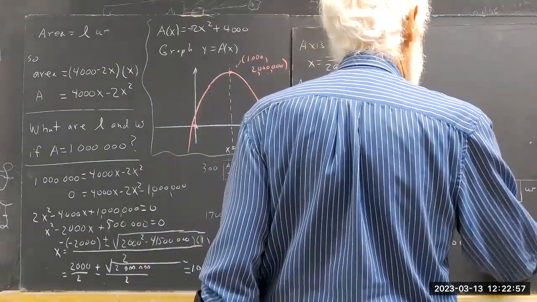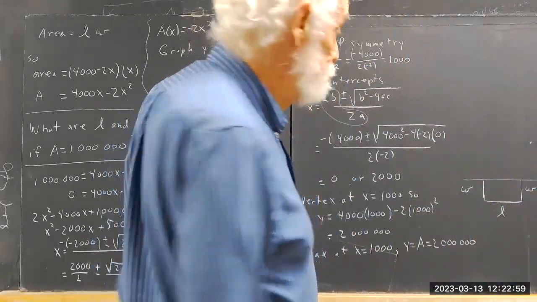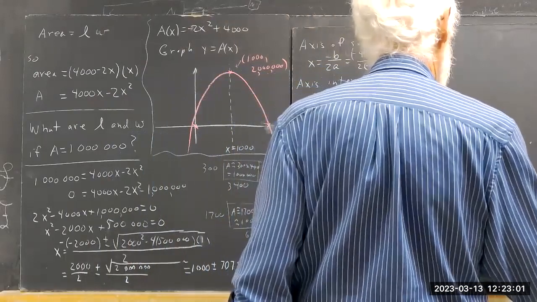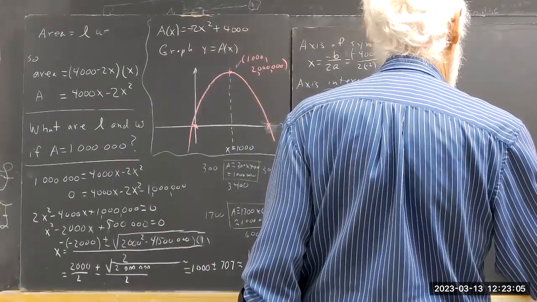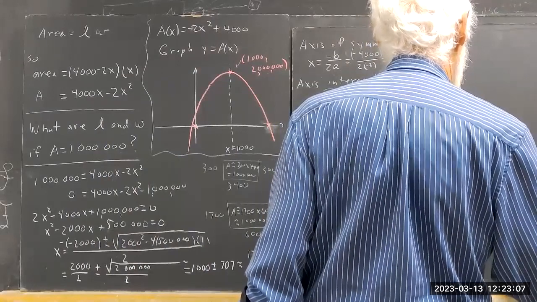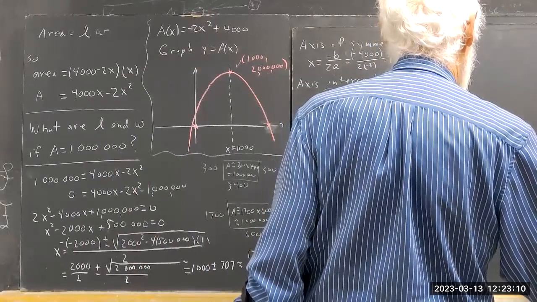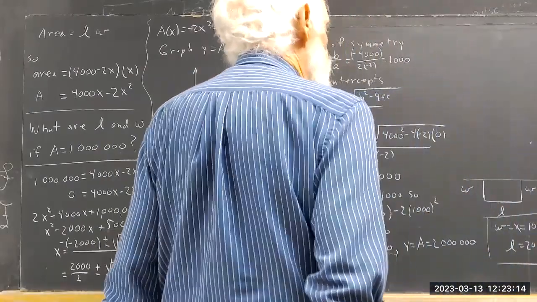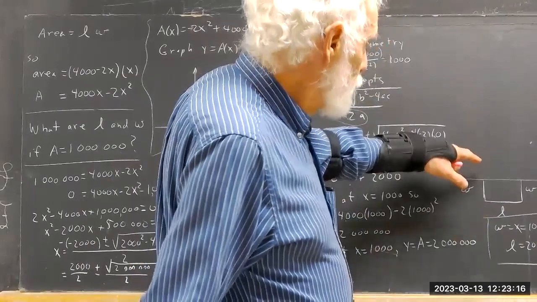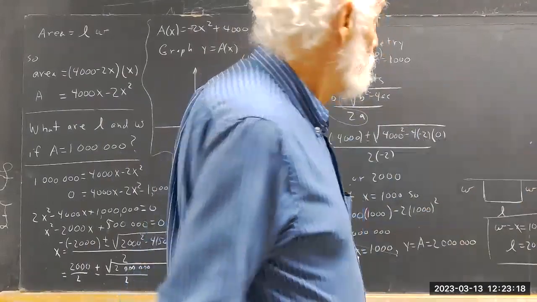The width is 1,000, length is 2,000. So the farmer's going to want to do 1,000 by 2,000.